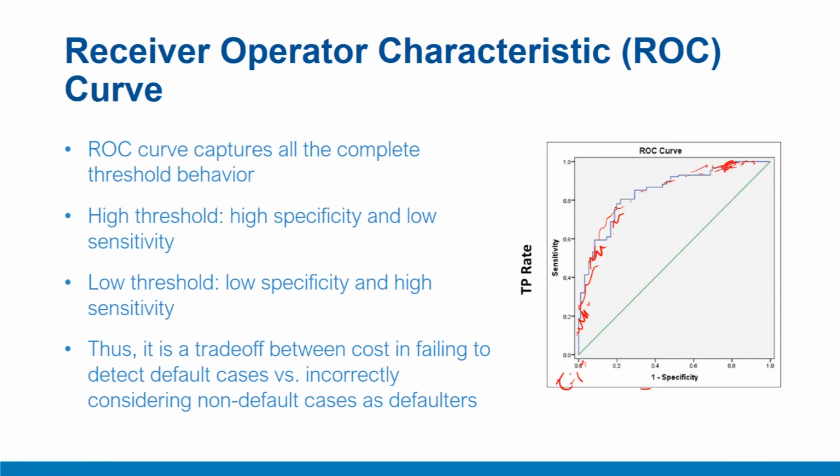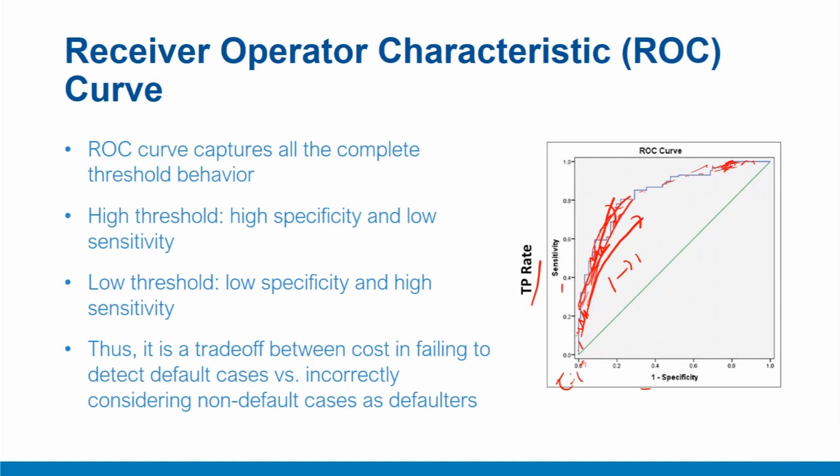For example, if I increase the threshold value in this region, notice how sharply, because the curve is very steep in its slope, my true positive rate or sensitivity of the model increases. That means my ability to classify correctly ones into ones increases very sharply. At the same time, the fall in specificity here, because we are plotting 1 minus specificity, so the fall from 1 to these lower values, is very small.